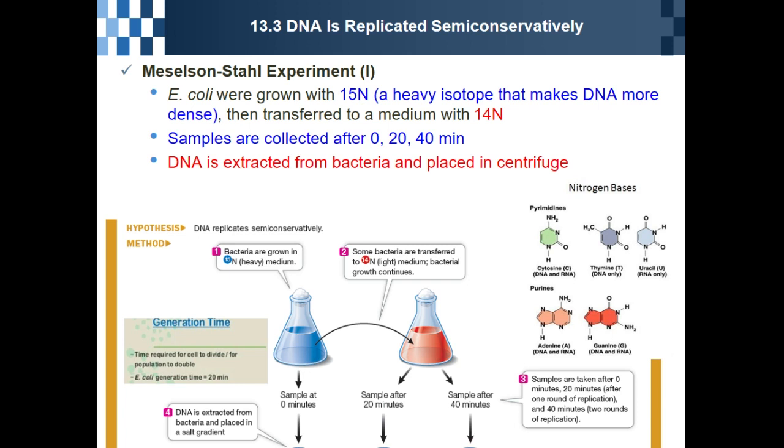Within 20 minutes, one cell becomes two, and two become four. That's why they used 20 minutes and 40 minutes. At 20 minutes one cell becomes two, and after 40 minutes two cells become four.